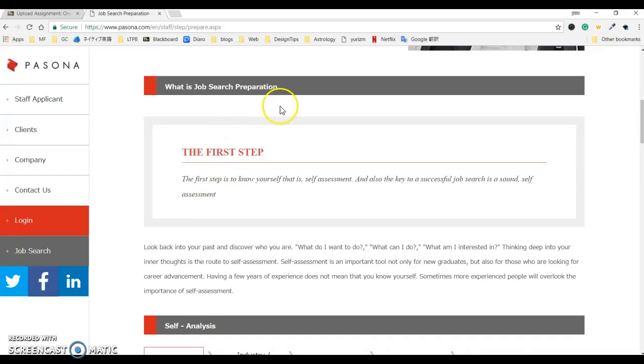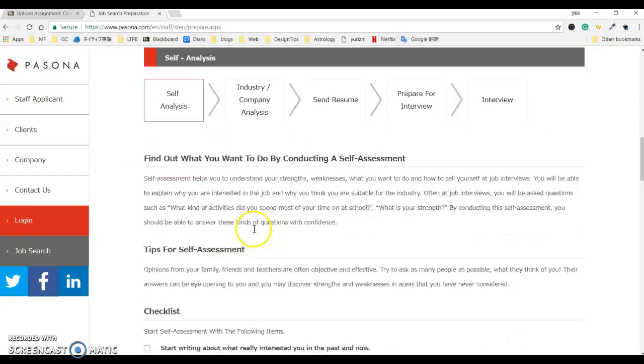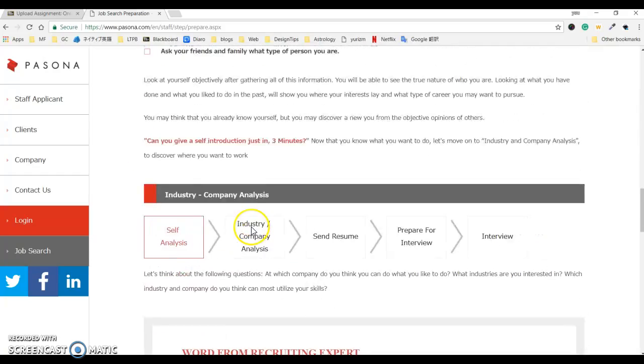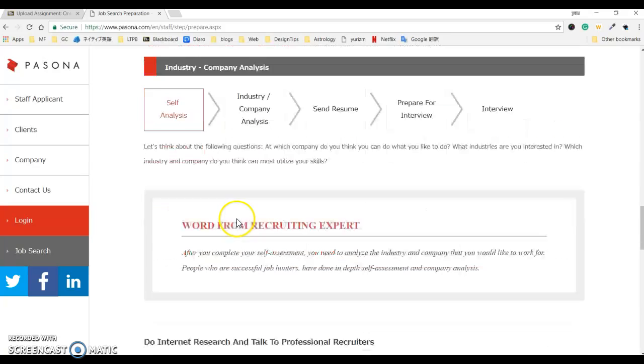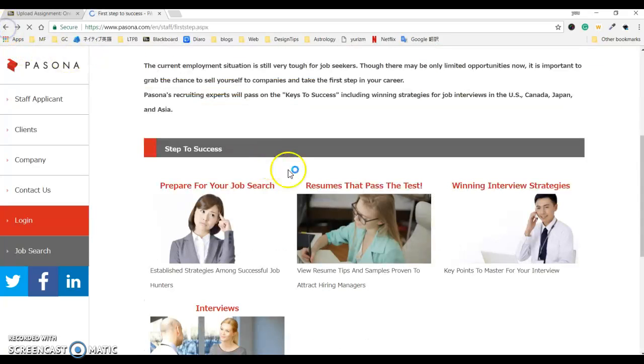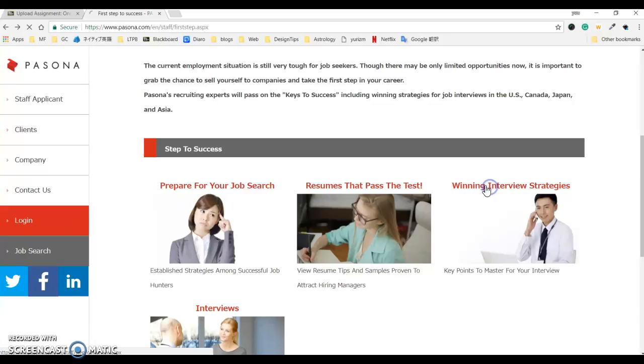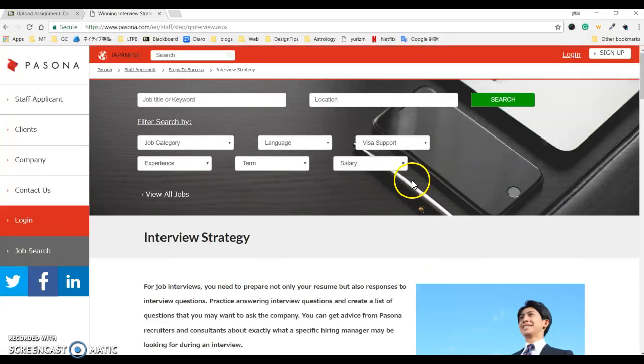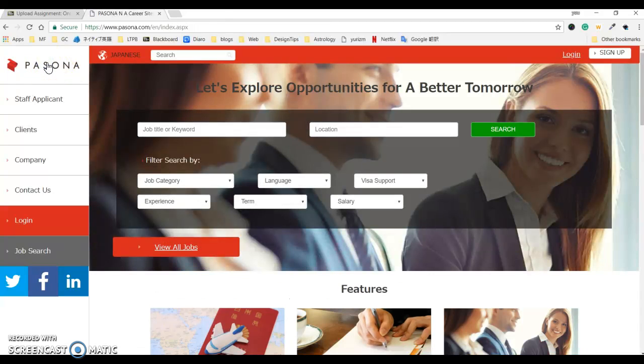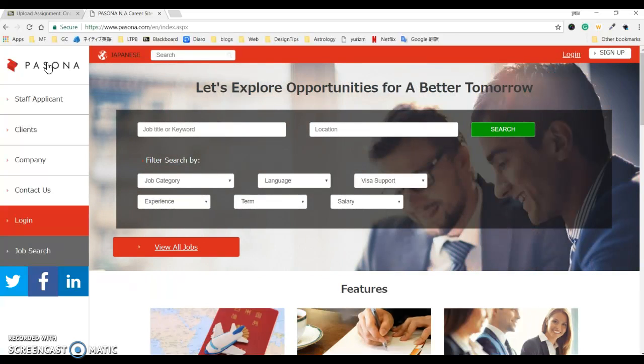There are self-analysis, company analysis, and also resume tips and interview strategy tips. I think if this website were more organized, this site would be more useful for job seekers.